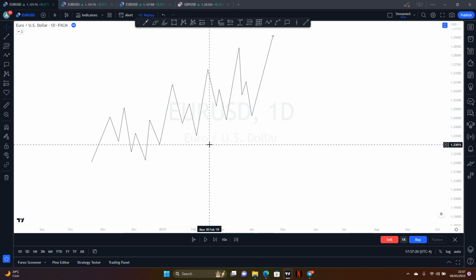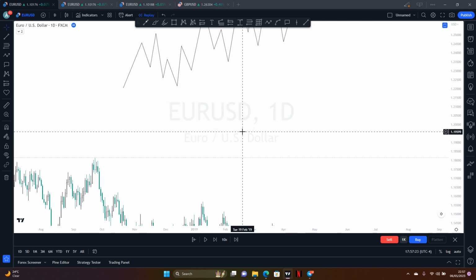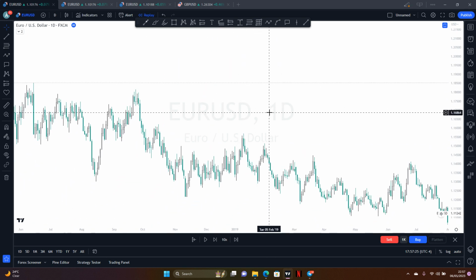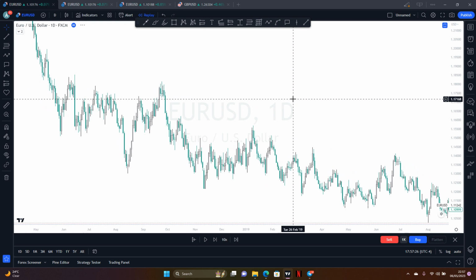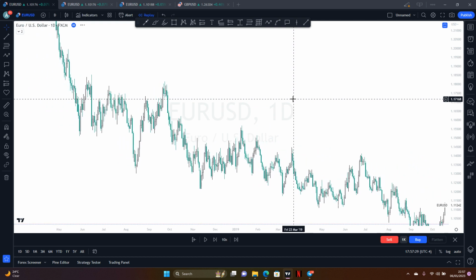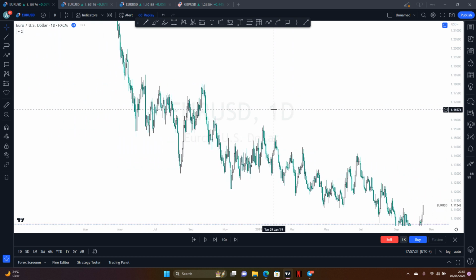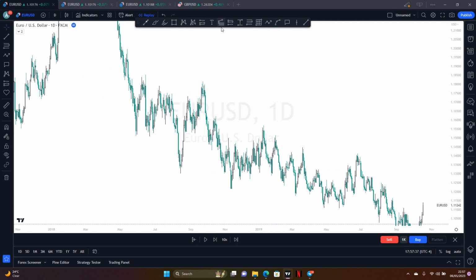Let's just take this up. If we look at this market structure right here, every single one of you can agree that this is a downtrend. It means that the market is making a series of lower highs and lower lows, lower high, lower low, lower high, lower low.